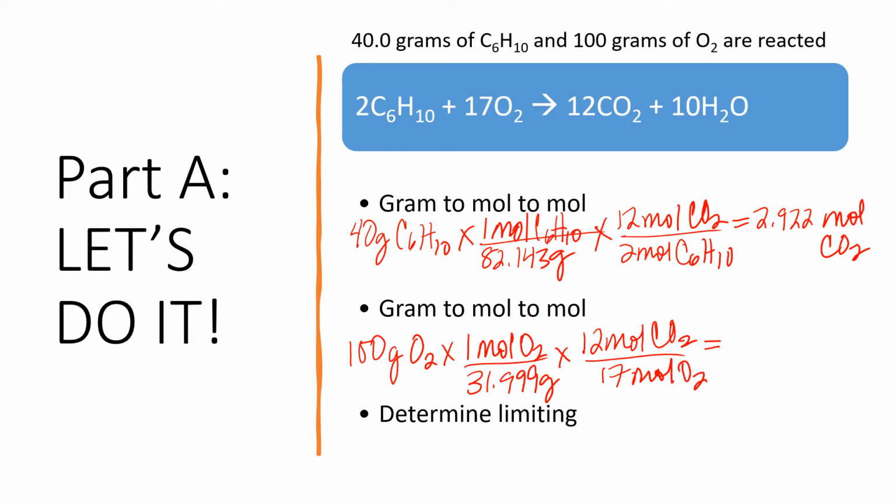Again, we do the math, and this time we get 2.206 mole of CO2. When we compare these two, clearly it is 2.206 that is the lesser amount of product. Therefore, oxygen gas is our limiting reagent. We have done it. We have figured that out, and we will use some of this data for the next problems.